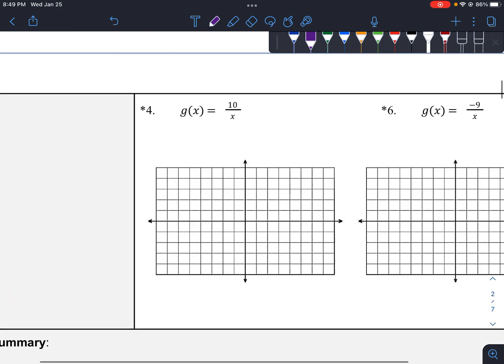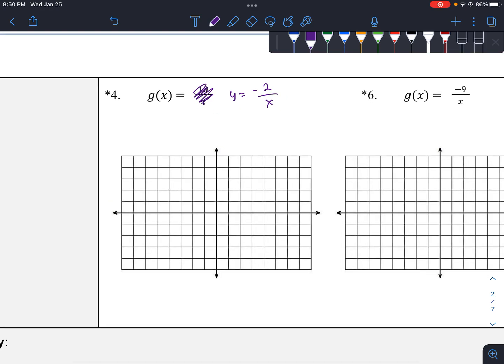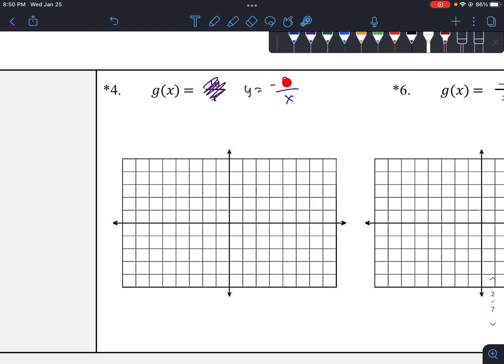I'm going to come down here, cross that out, and do y is equal to negative 2 over x to give one last example. So because it's negative, again, I'm going to have branches that are in these quadrants right here, rather than in these quadrants. And because my factor is 2 on the top, instead of being here and here, I'm going to stretch the distance by 2. And I also know that I'm going to have the ones over here, so not just over 1 and up 2.